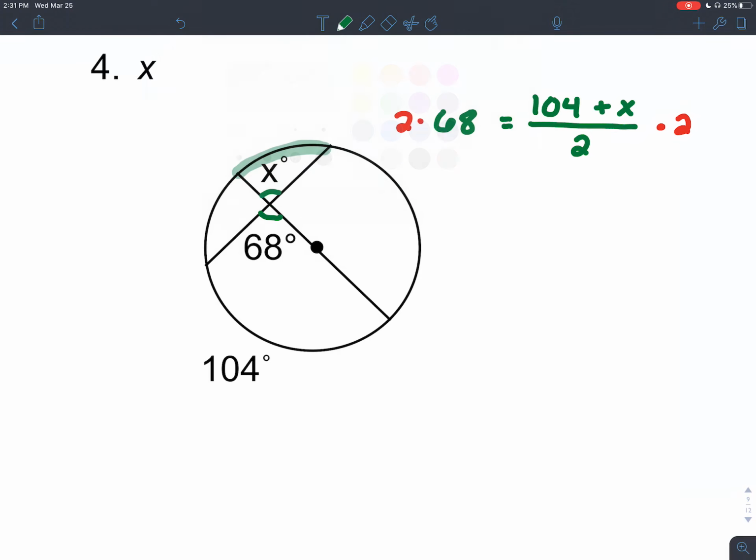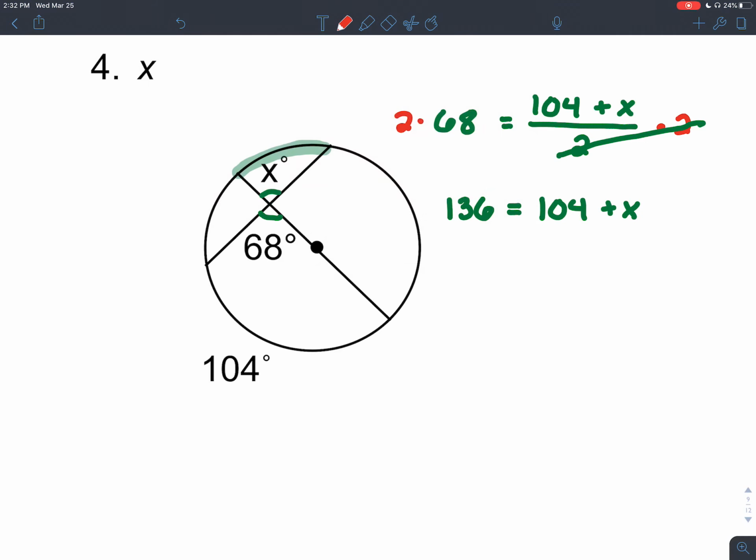Okay, and we are going to get 136. 8 plus 8 is 16. 6 times 2 is 12 plus 1 is 13. Yeah, that's fine. 136 equals, these canceled out, 104 plus x.